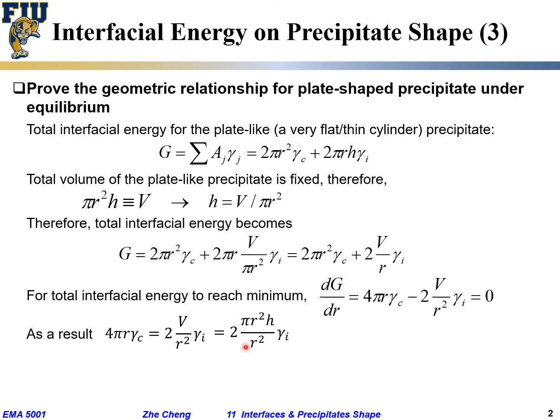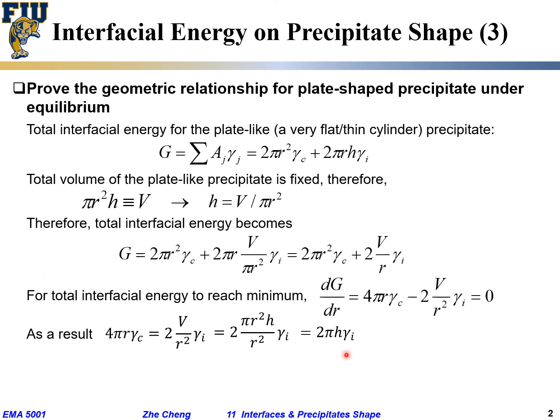And as a result, what would cancel? r squared would cancel. So we are going to have 2 pi h gamma I. So we have something on the left, something on the right. On the left we have r for radius and gamma c for the interfacial energy of the coherent interface, and on the right h for the height of this cylinder and gamma I for the interfacial energy of the incoherent interface.